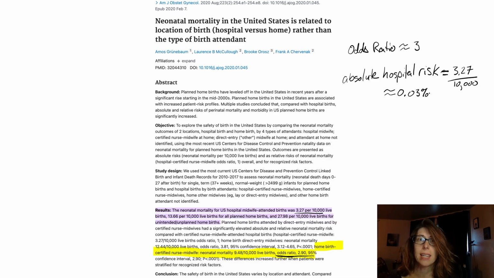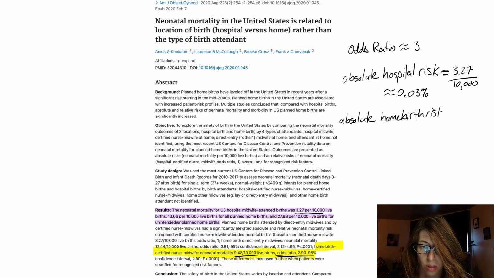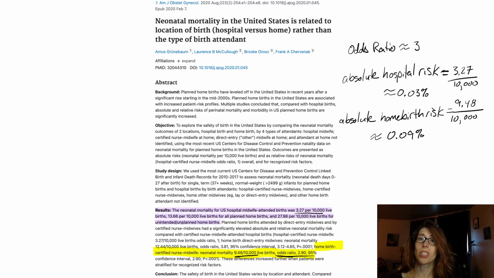Now, if you'll look again at the yellow, you'll see that the absolute neonate mortality rate with midwives at home is 9.48 out of 10,000, or 0.0948%. And I'm just going to round that number to 0.09% to make things easier on us.